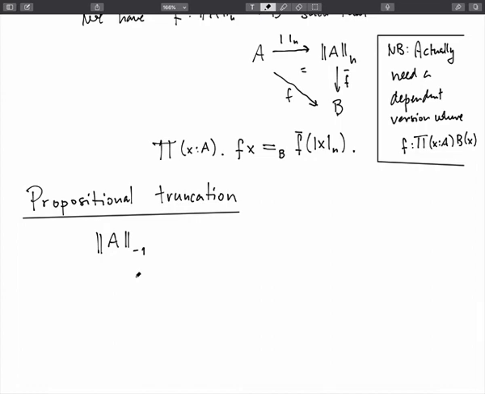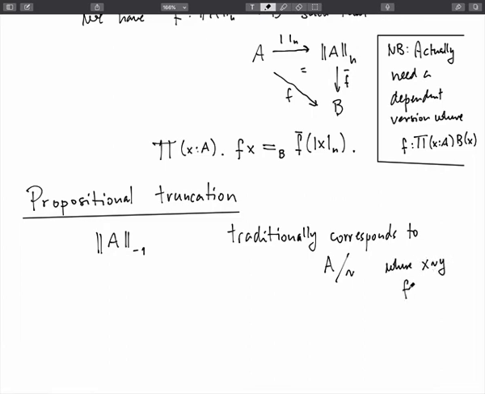So classically, this would correspond to A quotiented by the equivalence relation where x is equivalent to y for all x and y.